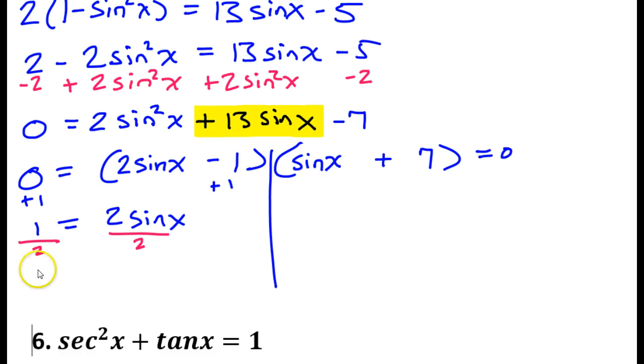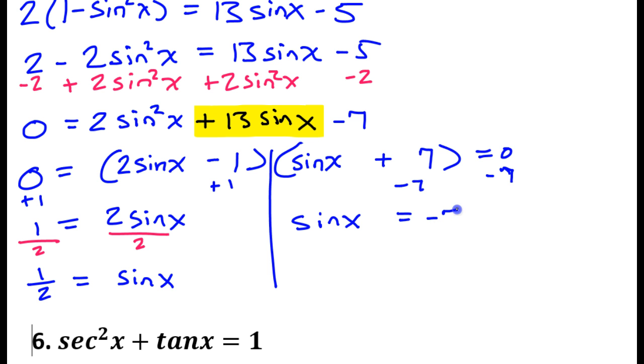That gives me 1/2 is equal to sine x. Meanwhile, over here, if I subtract 7 from both sides, then I will have sine x is equal to -7. Interesting.